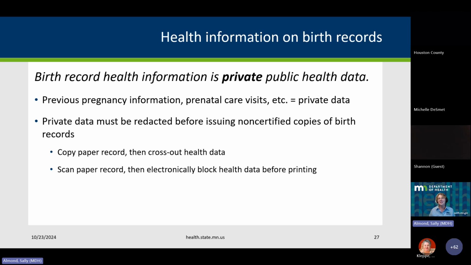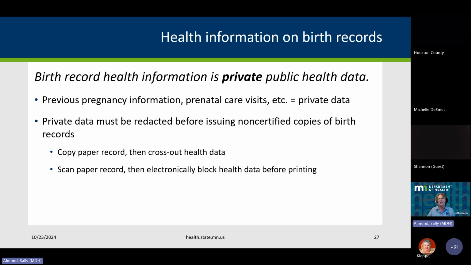Private health data means data about the mother, and because birth records have had many iterations over the years, it may show up in several different ways or not at all, because there were some records where the health information was filed on a supplementary document. But anyhow, most of the historical records will show previous pregnancy history, and that should always be redacted.